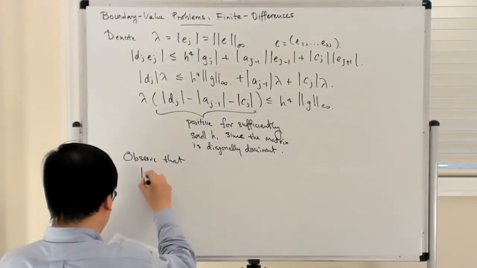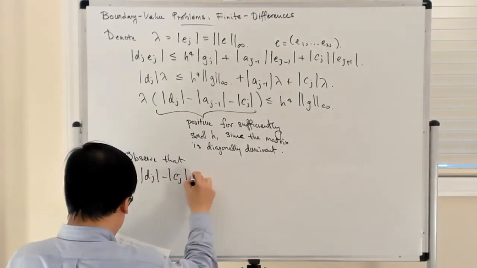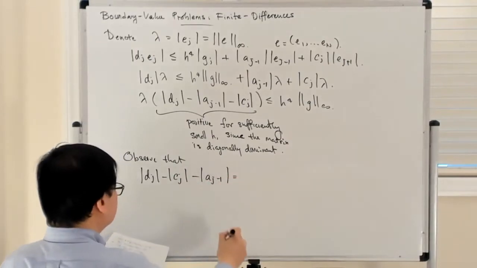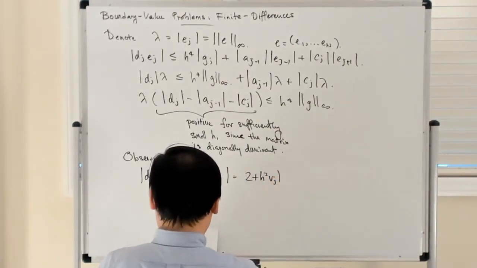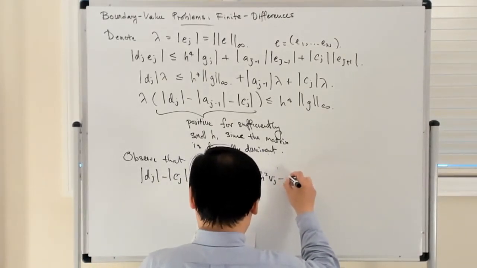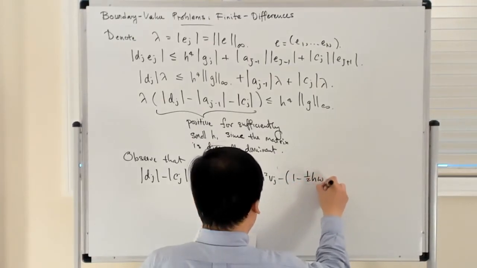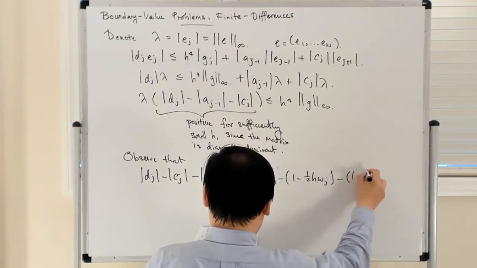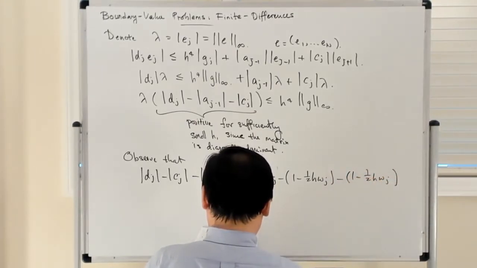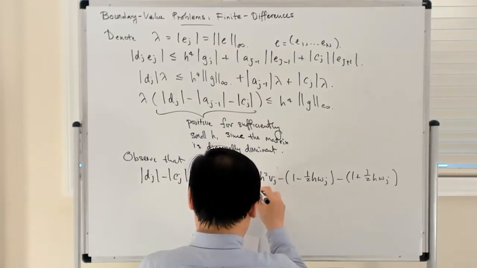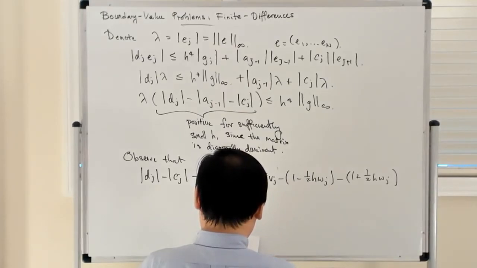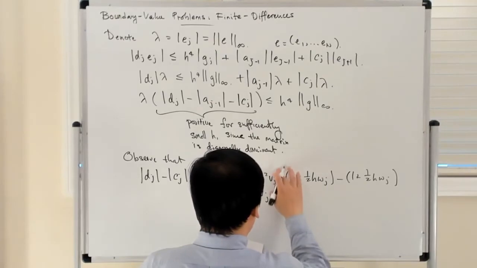Observe that the absolute value of d_j minus |c_j| minus |a_{j-1}| is equal to 2 plus h squared v_j minus 2, so this is just h squared v_j, all right.